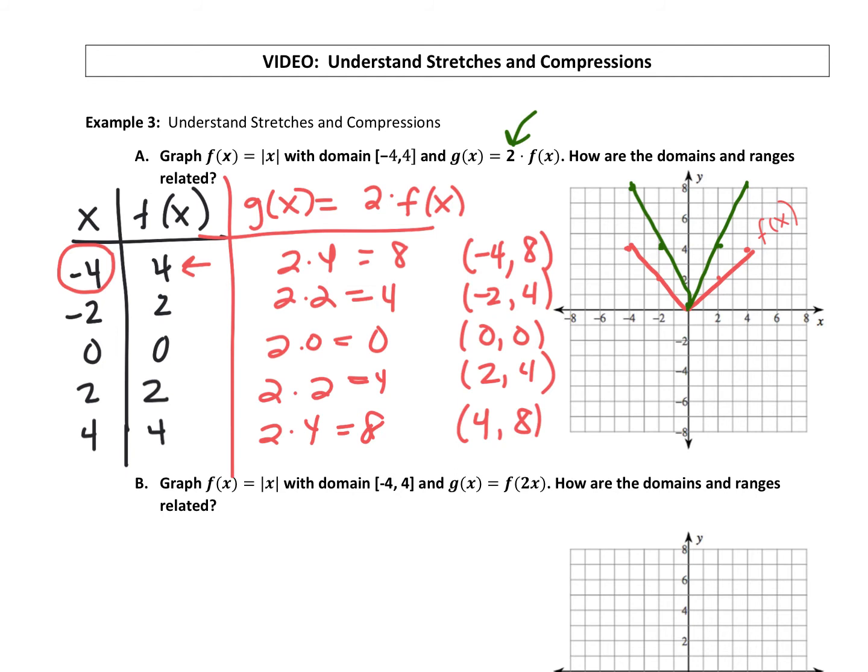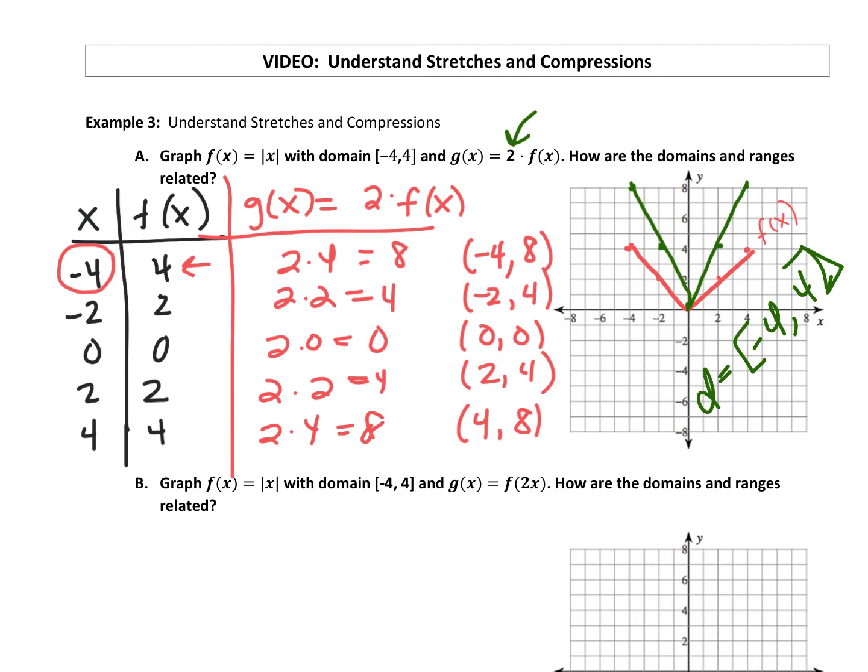You can see that all of the y's of the original graph doubled for the y's of our new graph. How are the domain and range related? Well, domain is your x's, goes from -4 to +4 for both graphs, so your domain did not change. Domain is still from -4 to 4. Oops, that should be a bracket.